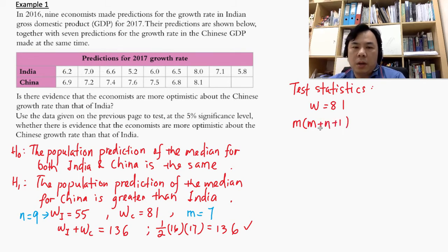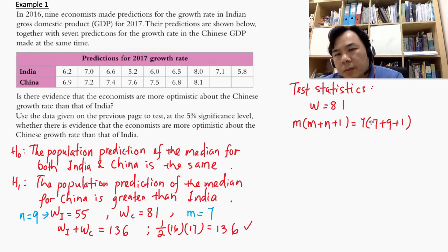That would be 7 plus 9, 16, plus 1 here, so there's actually 17. So 17 times 7 is 119. Once we're done with this, we're going to check what type of test we are performing.